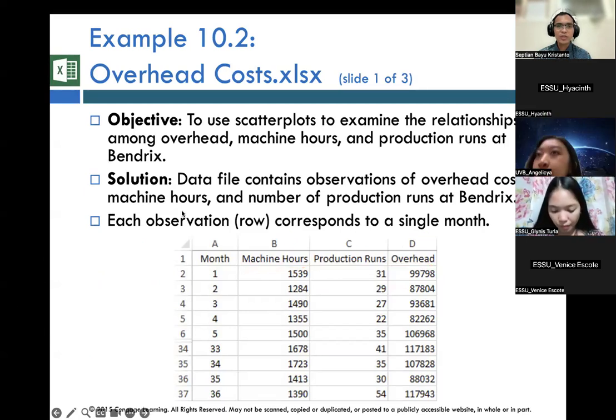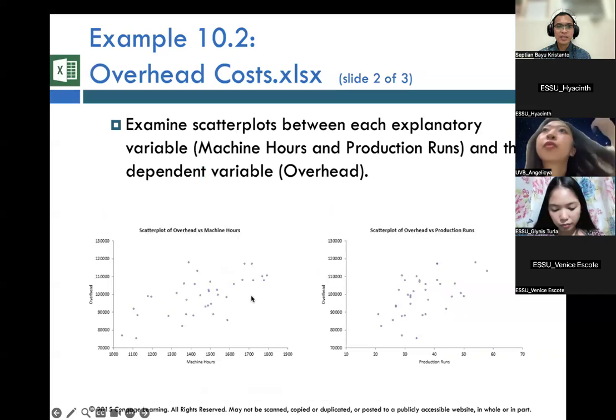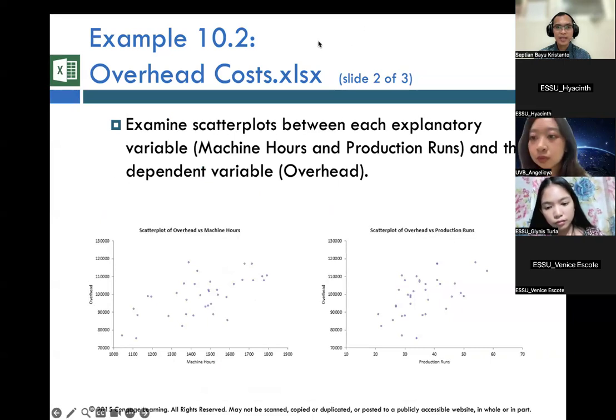So when we look at the analysis, we have two scatter plots. The first plot is between overhead and machine hours, this one. The overhead is on the y-axis and machine hours on the x-axis.